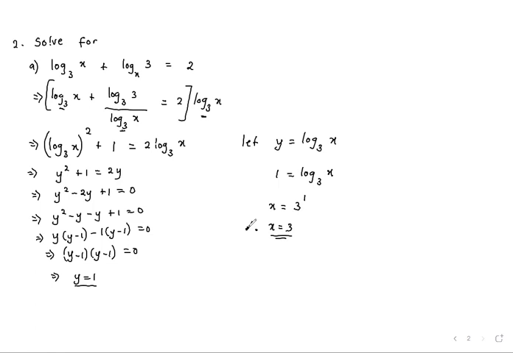So we change log 3 base x to base 3. With the change of base formula, we have log 3 base 3 over log x base 3, giving us 2. And then we're looking for x.